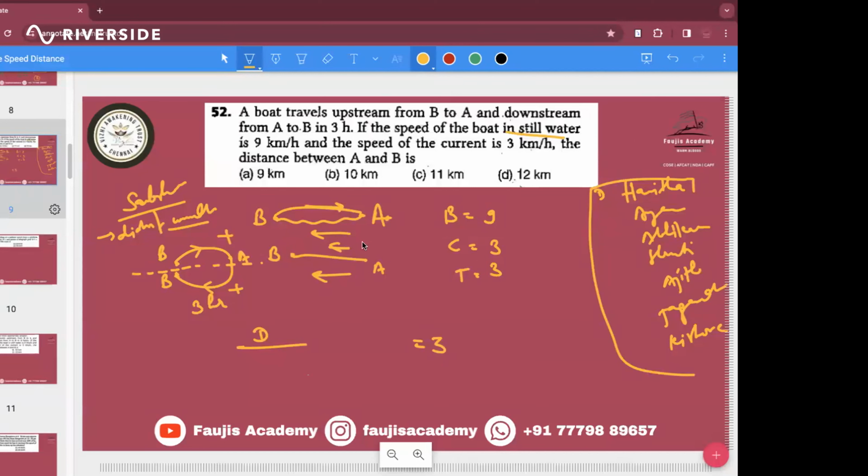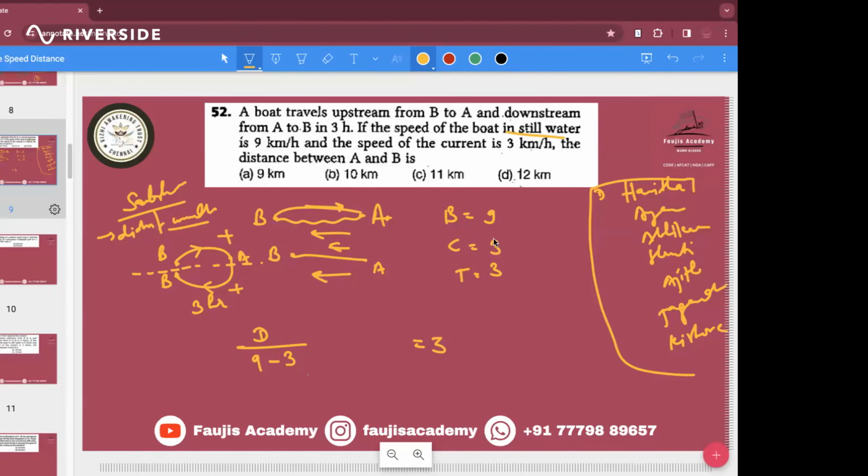When they are going, it's in the opposite direction of the stream, so the speed is 9, the speed of the boat, minus the speed of the current. Any doubt? Stick with me over here. If not getting it, stop and tell me. I have not written anything Greek over here. D by 9 minus 3. Time is distance divided by speed.